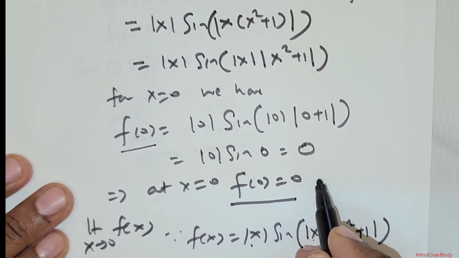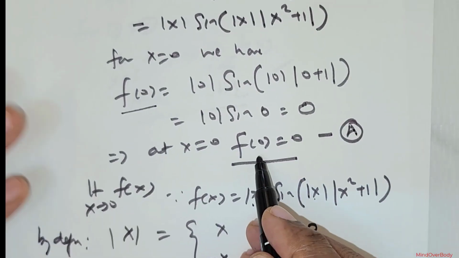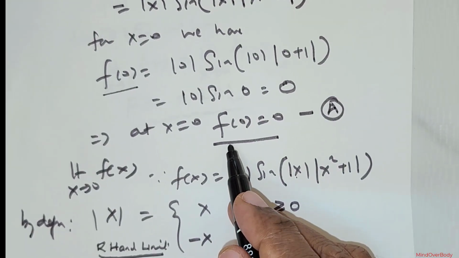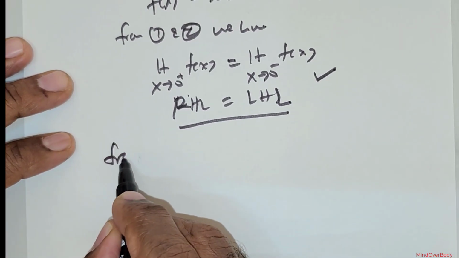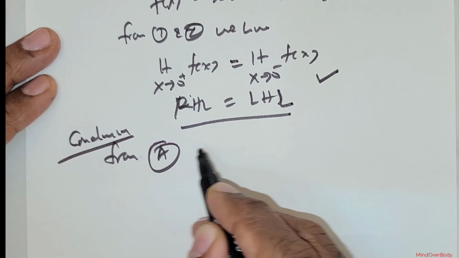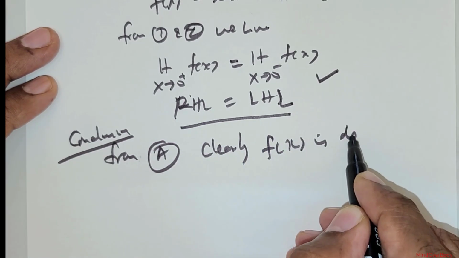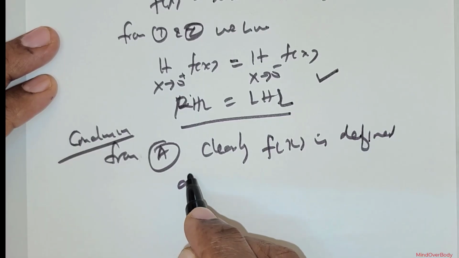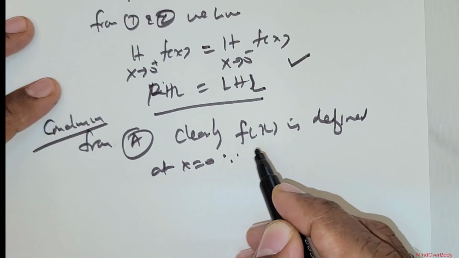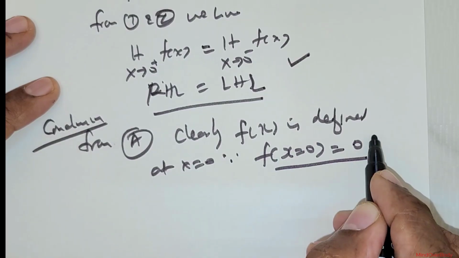So if I were to take this as, say, a, from a clearly the function is defined. I'm going to write the conclusion. From a clearly f of x is defined at x equal to 0, because we got a value. Since f of 0 is equal to 0, this is acceptable.